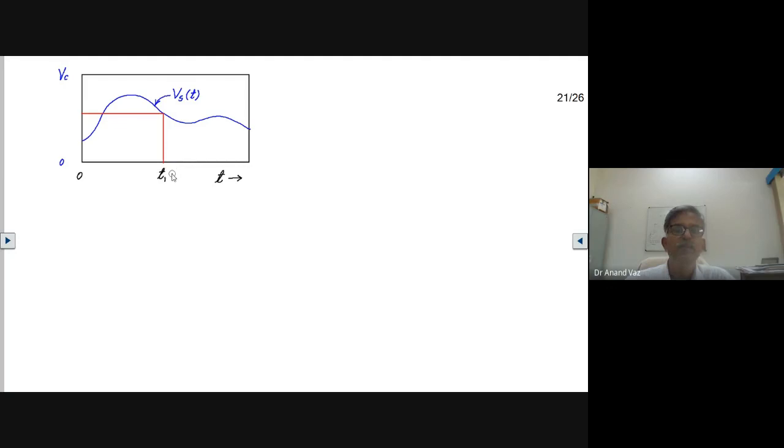So what we are interested in is knowing what is the value of this signal Vs at the time t1. This is what we are interested in. So we are actually dealing with analog to digital conversion.